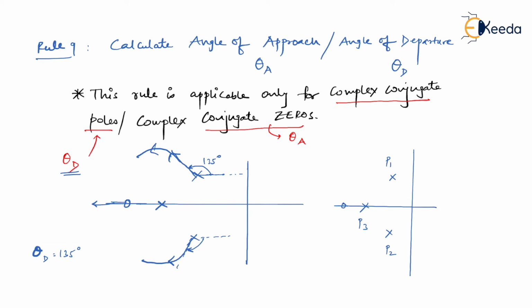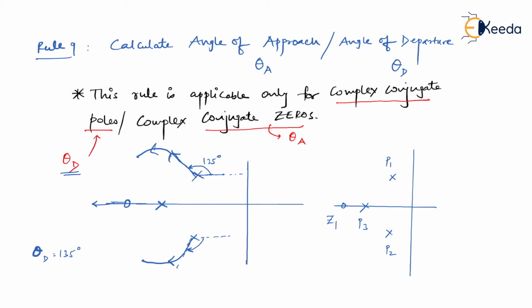And let me mark this zero as zero 1, for example. Now first of all, decide whether you are going to calculate the angle of departure for pole 1 or pole 2. You have to calculate for either pole, because once one angle of departure is known, the similar angle on a negative scale applies for the pole present downward. So let us select pole 1. I want to calculate the angle of departure for pole 1.